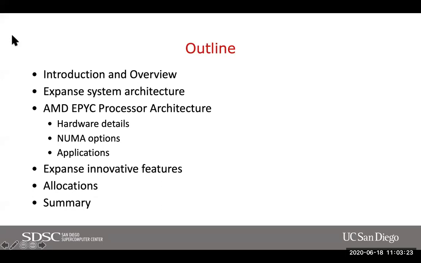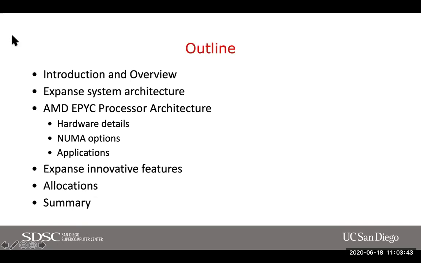So the outline of the talk. I'll give a quick introduction of the system and an overview of all the components. And then we can dive into the system architecture details. It is going to be one of the first few systems to have the AMD ROM processors.